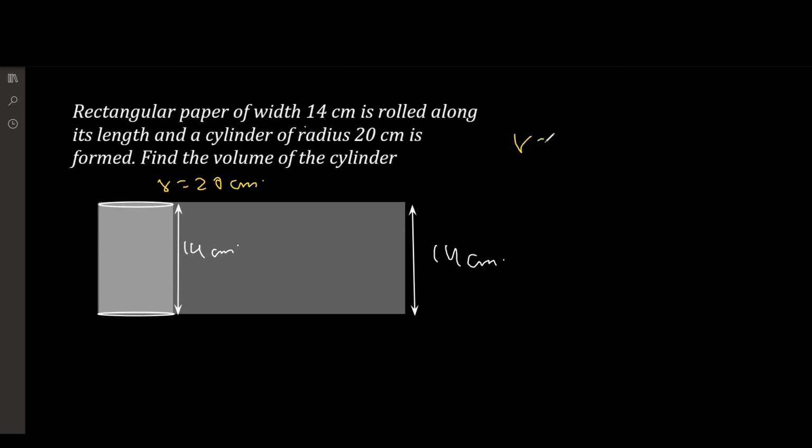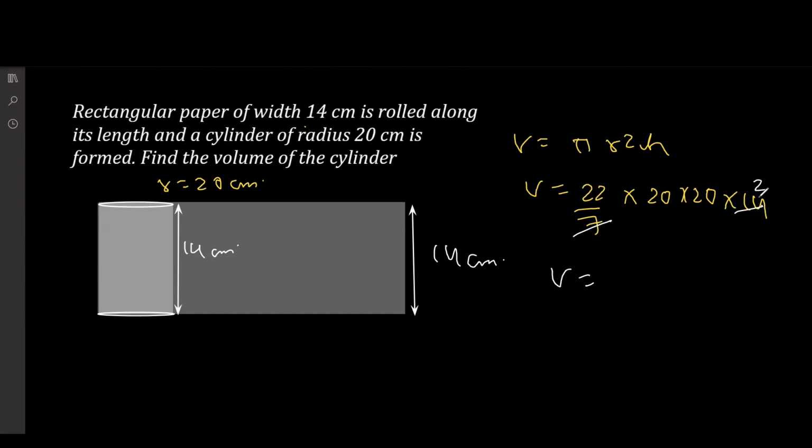So for that, we'll apply the formula, which is pi R square H. Pi is 22 over 7. Square of the radius, that is 20 multiplied by 20. That multiplied by the height, and height is 14. So we can reduce it. As you can see, 7 one time, 7 two times get cancelled. And the rest is 2 into 2, 4 into 2, 8 into 2, 16.